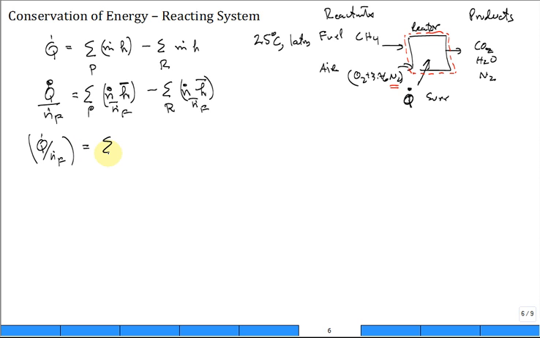Then you have the sum over the products, and they put N without a dot on it, H bar. So what is N without a dot on it? It's the number of moles of that species, of whatever product it is, per mole of fuel.